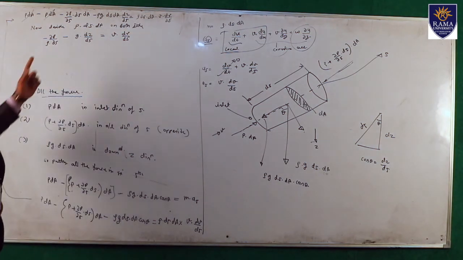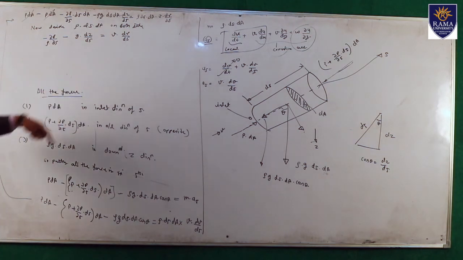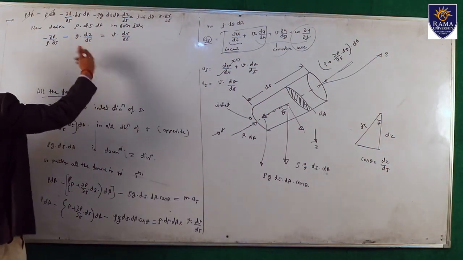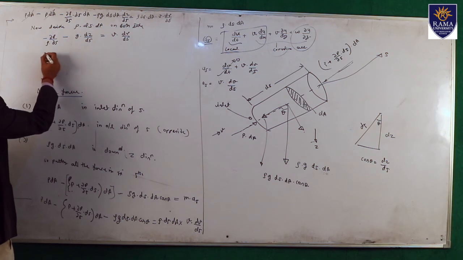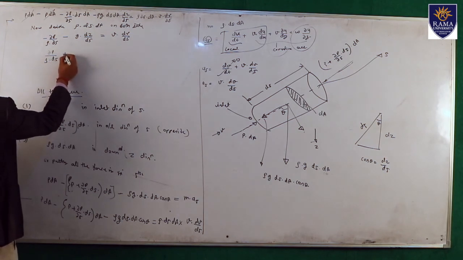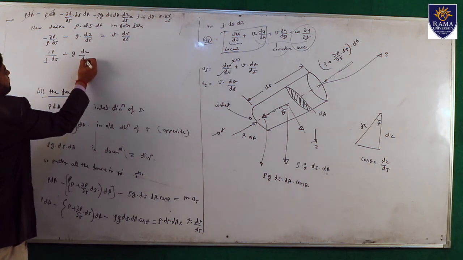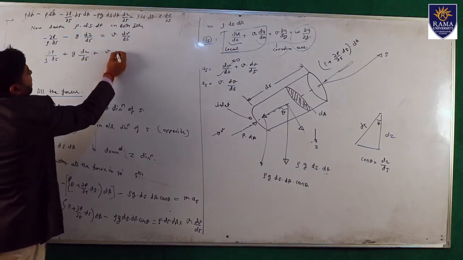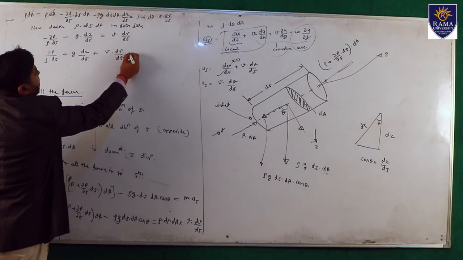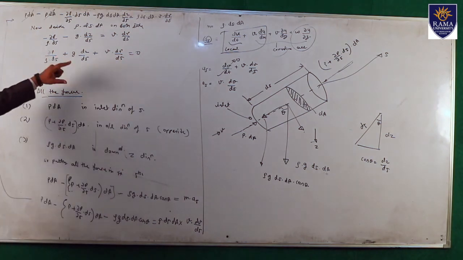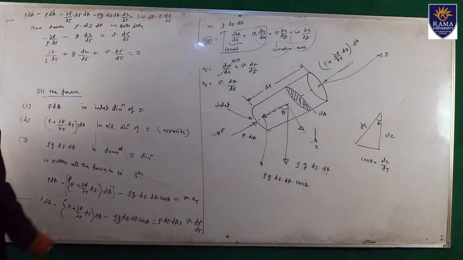Okay, so there is a minus sign, we can take from LHS to RHS. So the total equation will become del P upon rho del S plus g dz upon ds, in place, so will become v dv upon ds, equals to 0. So this equation will sort out.